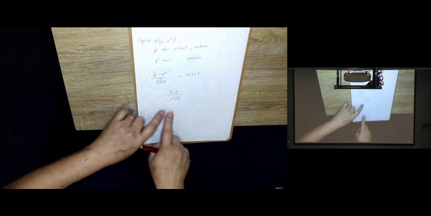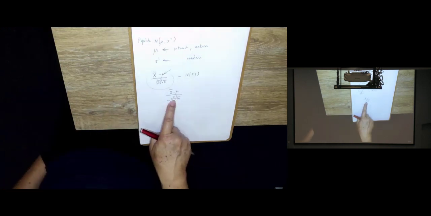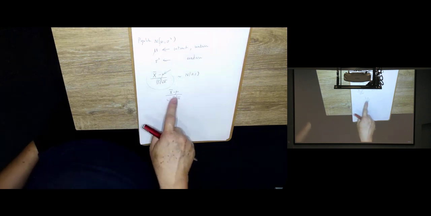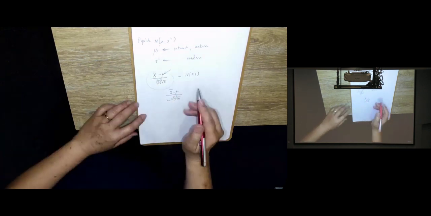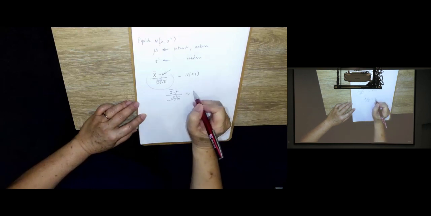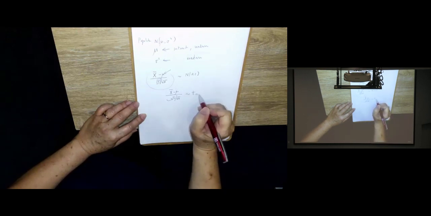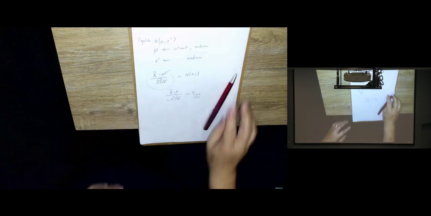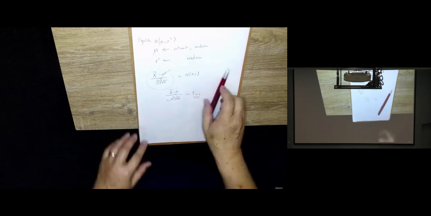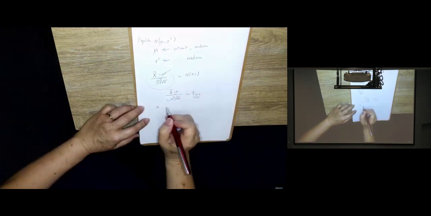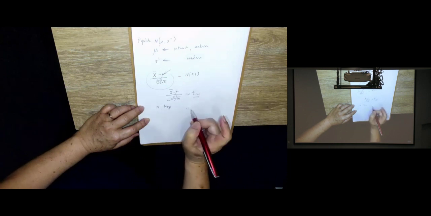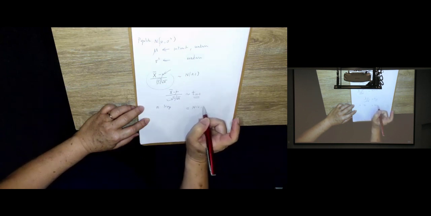But the introduction of a random variable instead of a constant will change the distribution. And this is after the hard work of William Gossett. So this is a t-distribution with degrees of freedom n-1. Of course, when n is really large, then this is approximately normal as well.